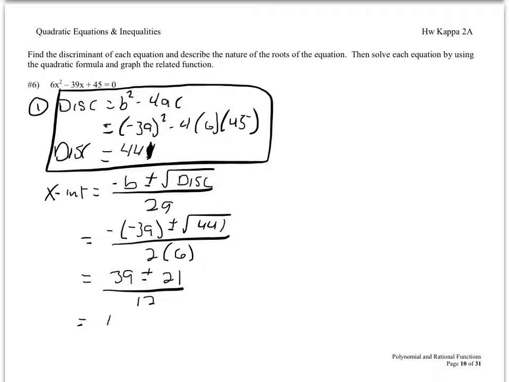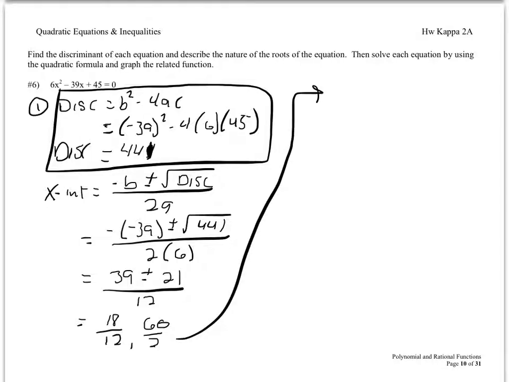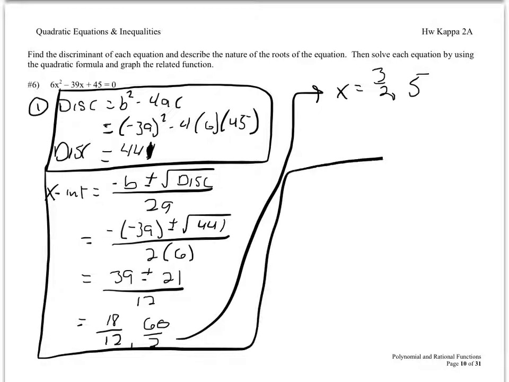This ends up giving us 18 twelfths and 60 twelfths, which reduces to 3 halves and 5. Our x-intercepts are 3 halves and 5.